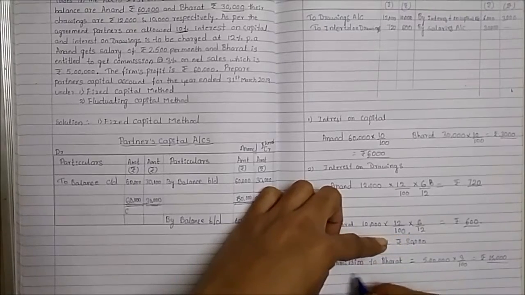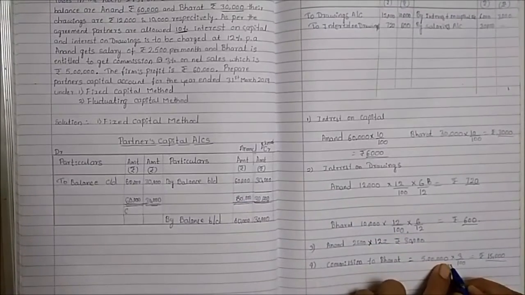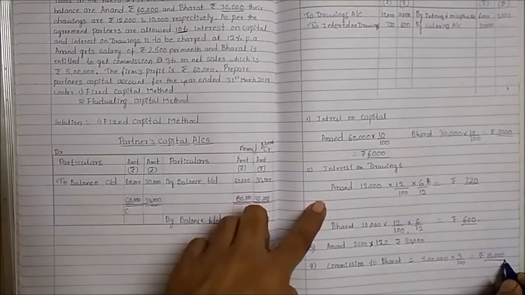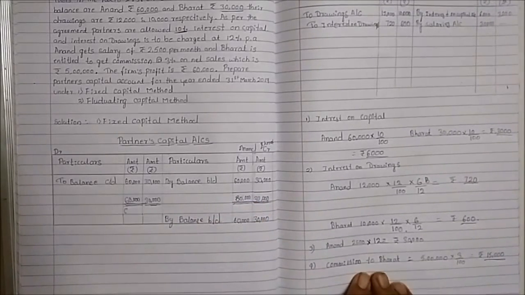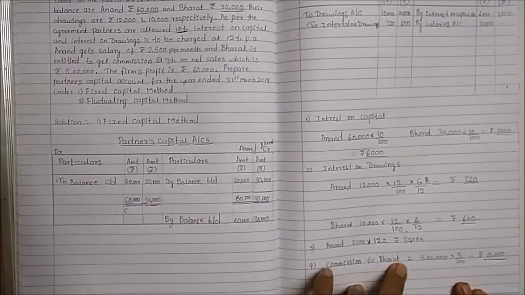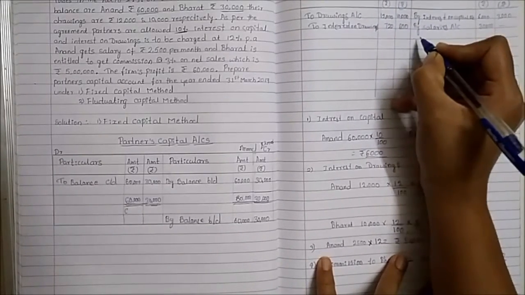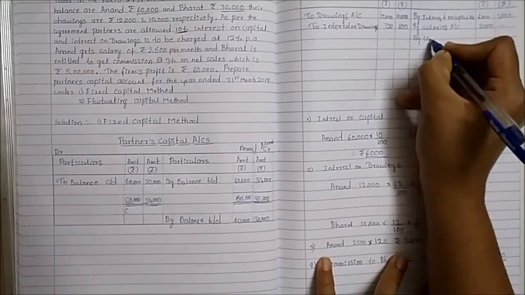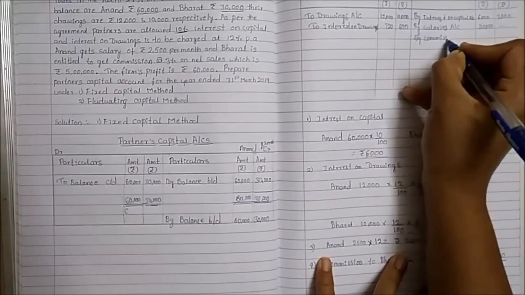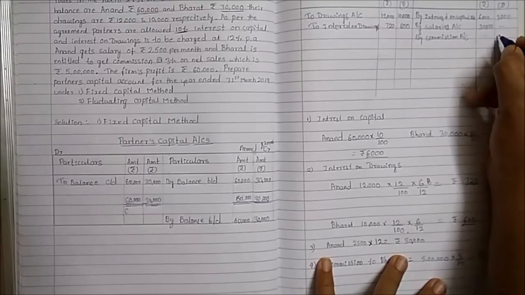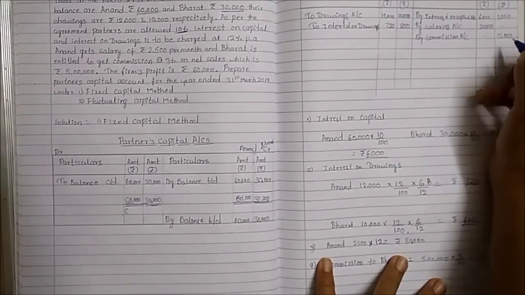That's a print mistake. Commission to Bharat. 5 lakhs is the net sales, on that 3% is charged. So it will become 15,000. That is a credit benefit for the partner, Bharat. So by commission account, this is a benefit for the partner, so it comes on the credit side, 15,000.